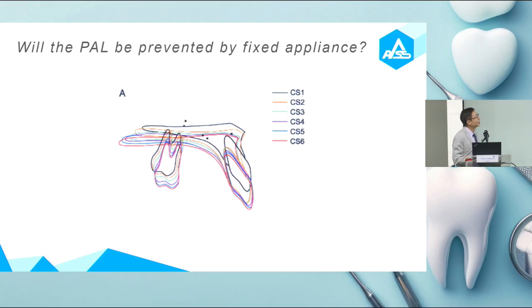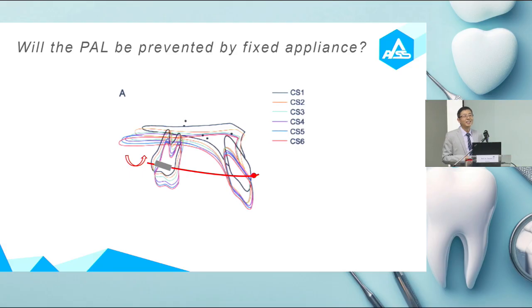Let's use Professor Gu's paper again. When we use straight wire appliance, insert a straight wire and engage inside the brackets, molar will get forward tipping moment.